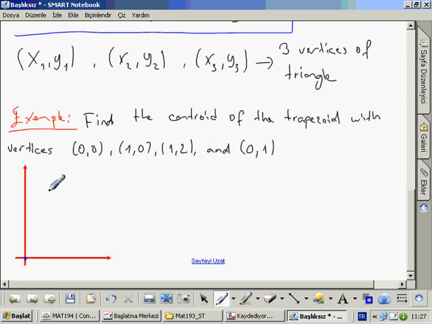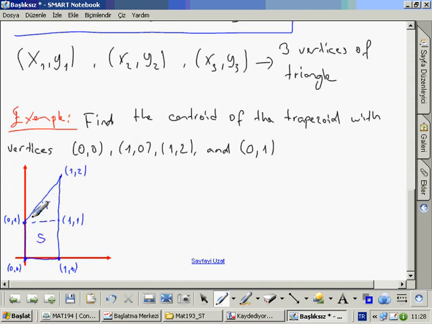Here is (0,0) and (0,1), (1,0), and (1,2). Also this point is (1,1), I'm sorry, and then we have S and T.